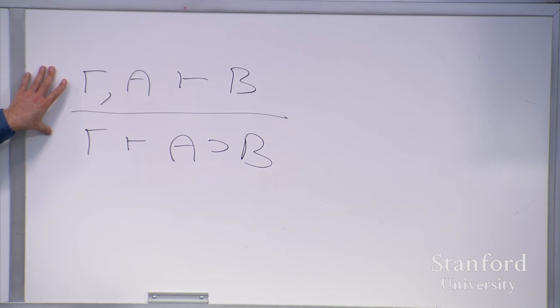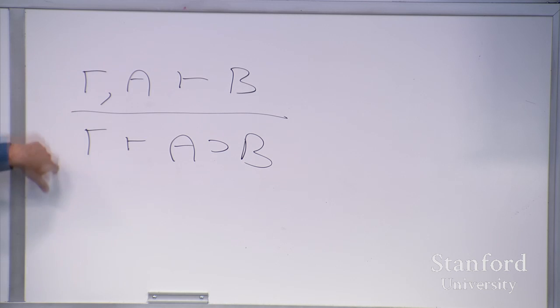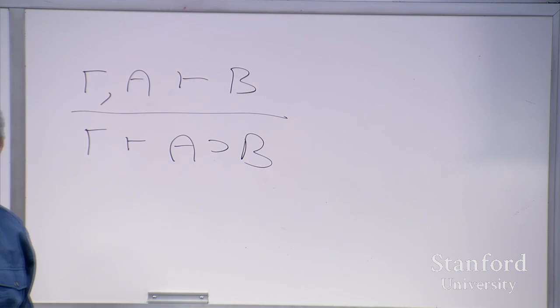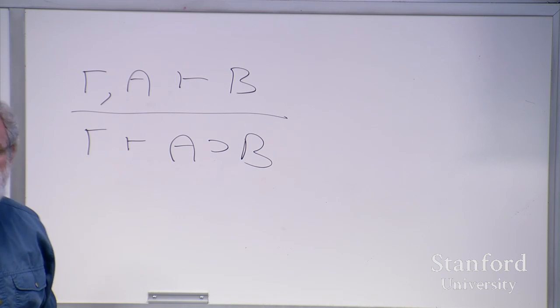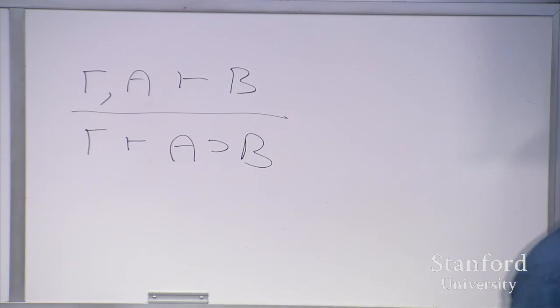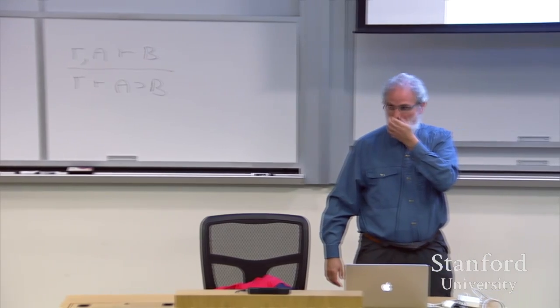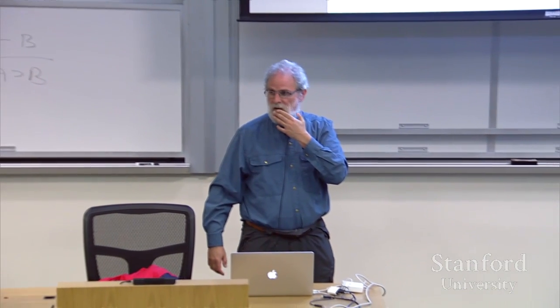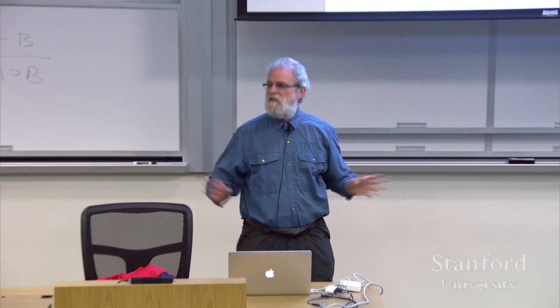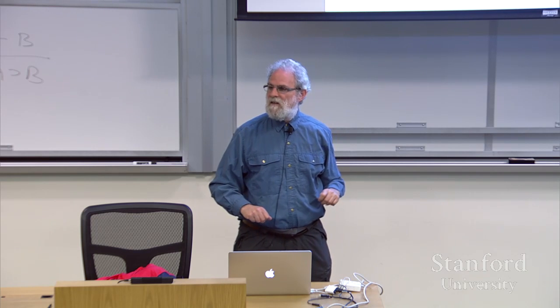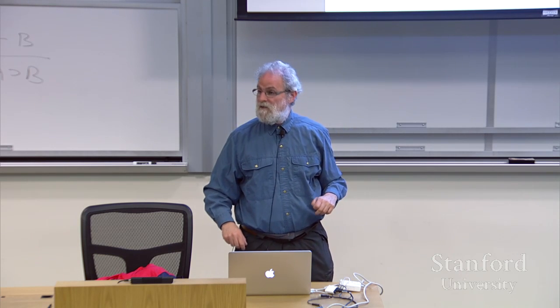I like that one because it uses less ink, basically. I don't need to write gamma every time. And this has gone out of favor, but I think it's actually much more compact. So the implication introduction rule is the same as that, just presented differently. That's right. It's just two different notations for describing exactly the same thing. Good question. Thank you.